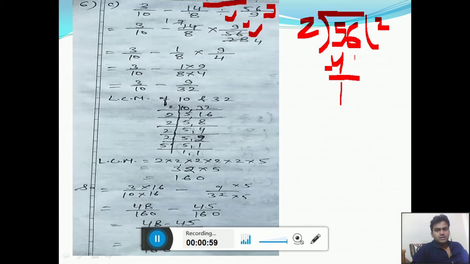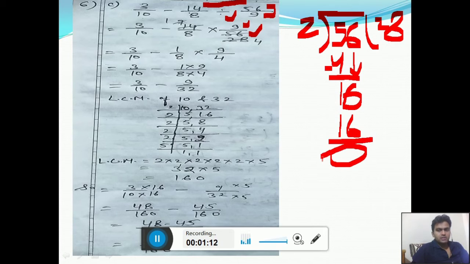Then the next number you have to write here, 6. So the number becomes 16. Now 2 8s are 16, no remainder is left, remainder is 0. So 56 divided by 2 becomes 28. So write down 28 here.